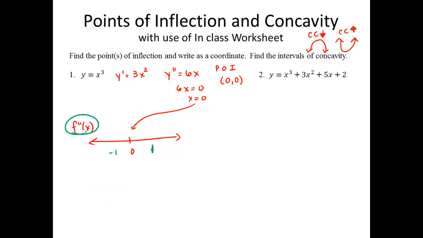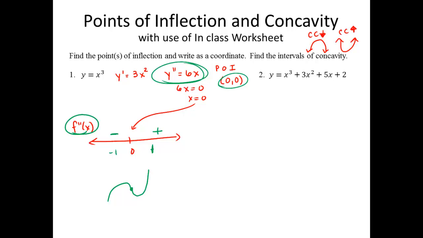These are always going to be tested in the second derivative, because it is a second derivative test. When I substitute a -1 into my second derivative, I get a negative value. When I substitute a +1, I get a positive value. What this tells me is that on this side of 0, it's concave down. And then when it gets to (0, 0), it turns concave up.